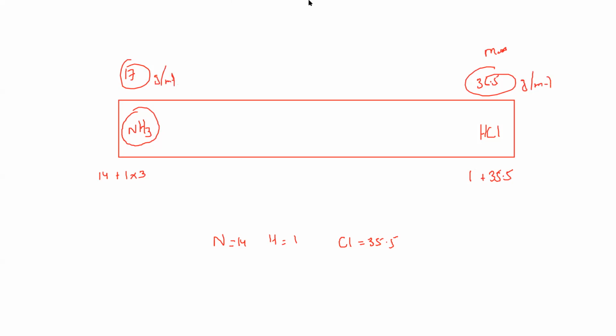Now my question is, you have four options to select from, at which point the two gases will combine. For example, point A, B, C, which is exactly the center of the tube, or D. So the question is, at which position will the two gases combine?